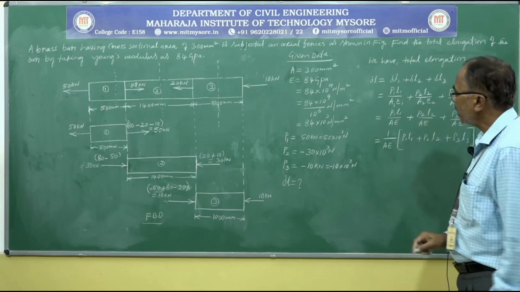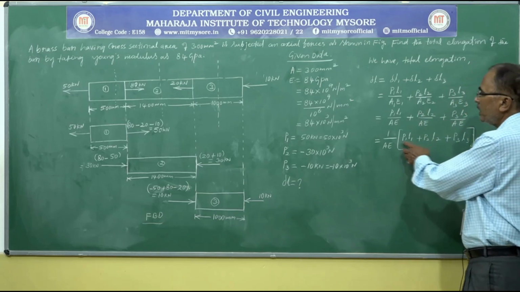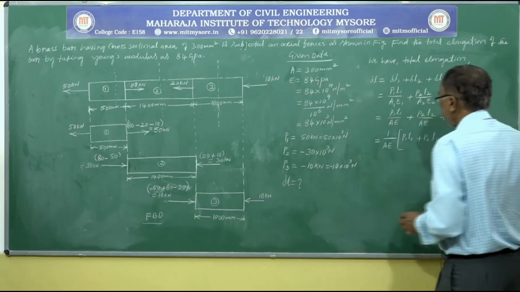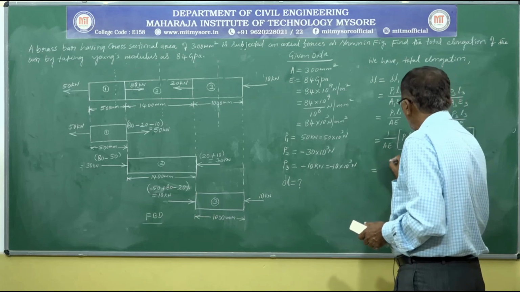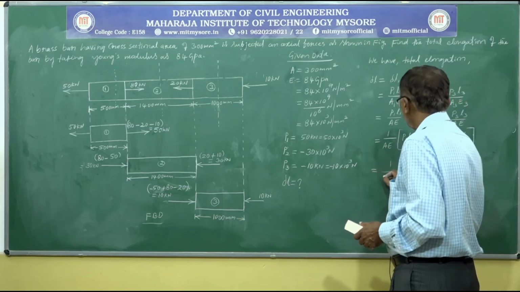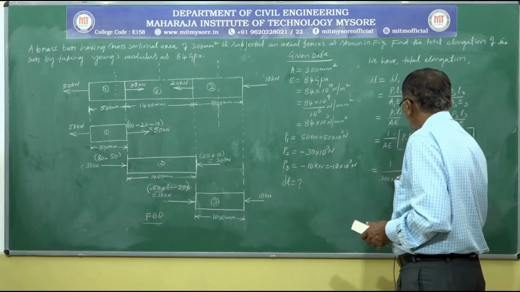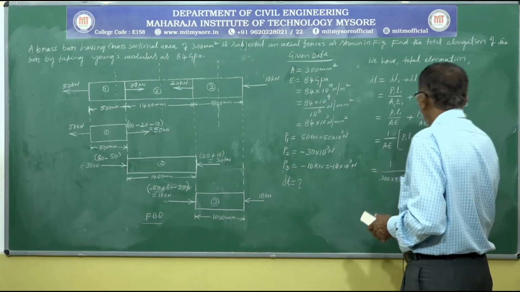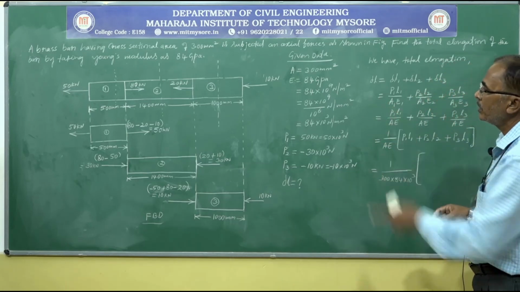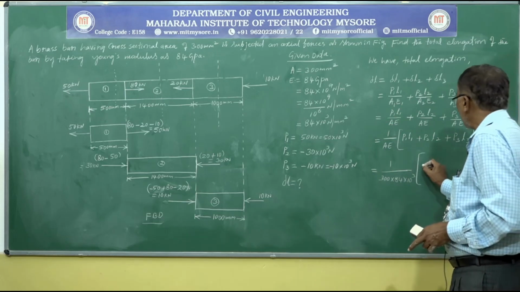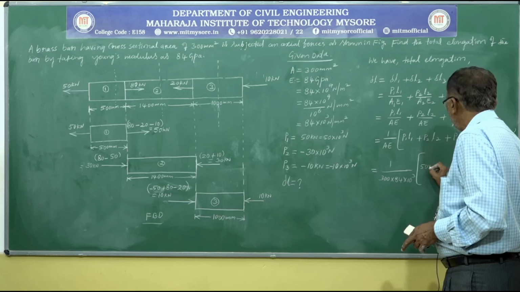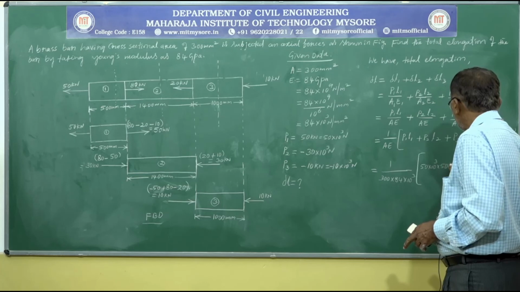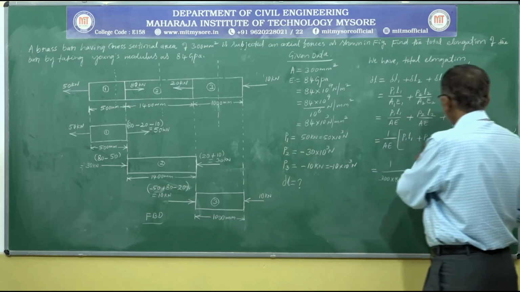Now carefully you have to substitute the values here by considering the sign conventions of P1, P2, P3 along with A and E. That is equal to 1 over A, which is 300, into E, which is 84 into 10 power 3, into P1 L1. Portion 1 is subjected to tensile load, it is 50 into 10 power 3, L1 is 500. Next, plus P2 L2.